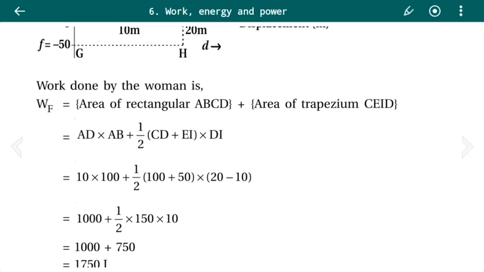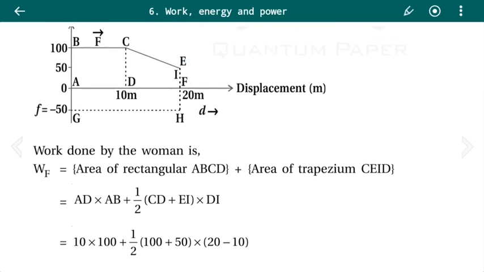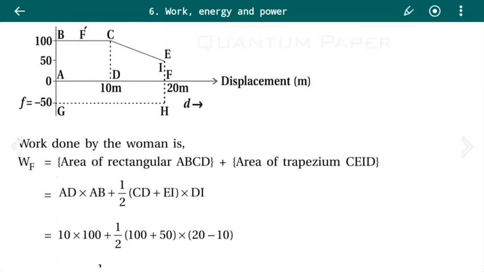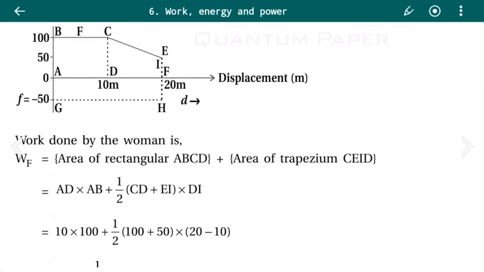Now rectangle ABCD, that means length into breadth, that is AD into AB, plus trapezium is half into CD plus EI into DI.